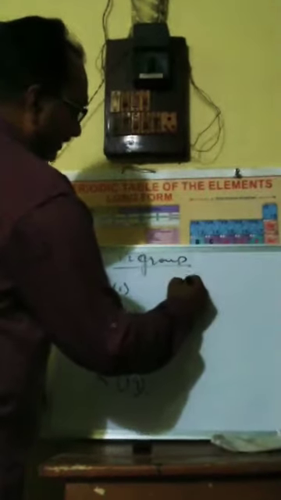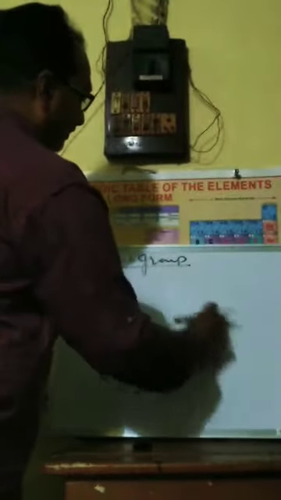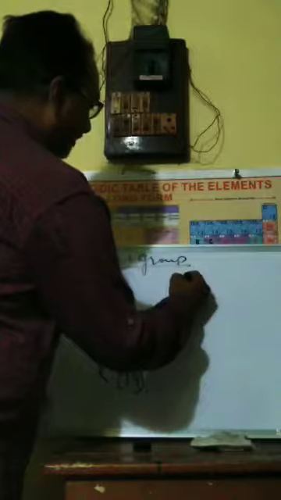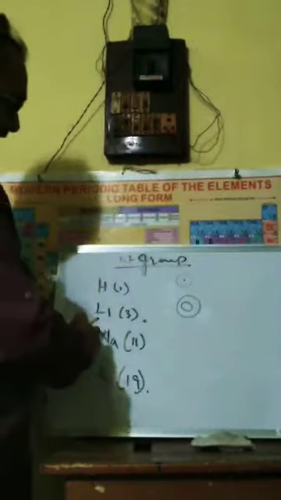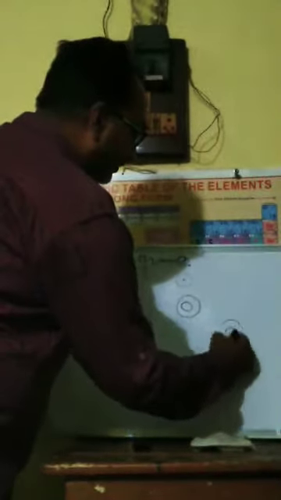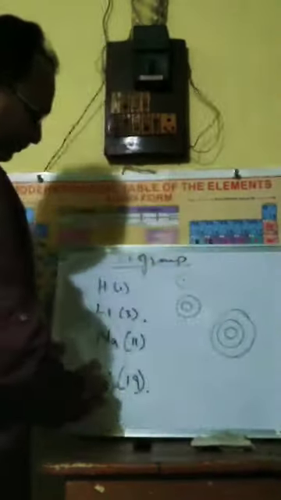Now if you draw the structure, for hydrogen it is only the first shell, only one shell, the K shell. Lithium will have two shells. Sodium will have three shells.